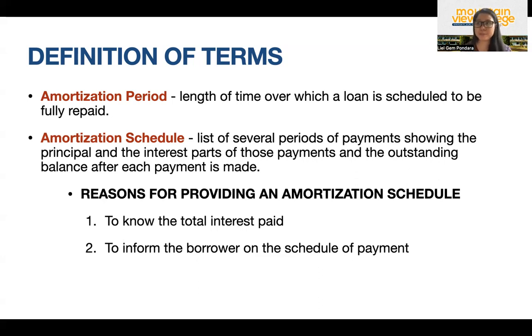For example, you are paying 10,000 every month for a specific loan. It does not mean that the 10,000 will be paid off to your, for example, 100,000 loan. No.